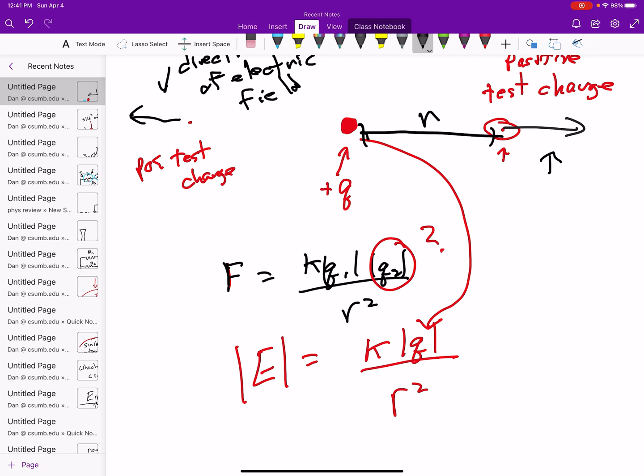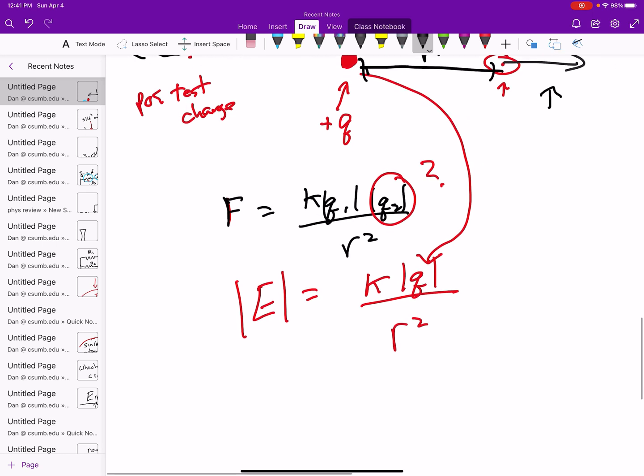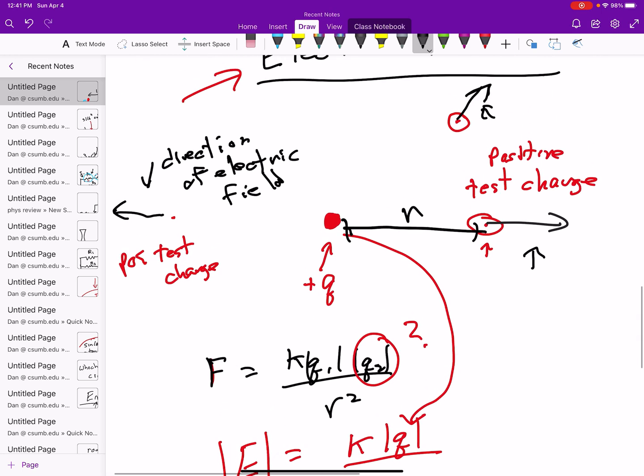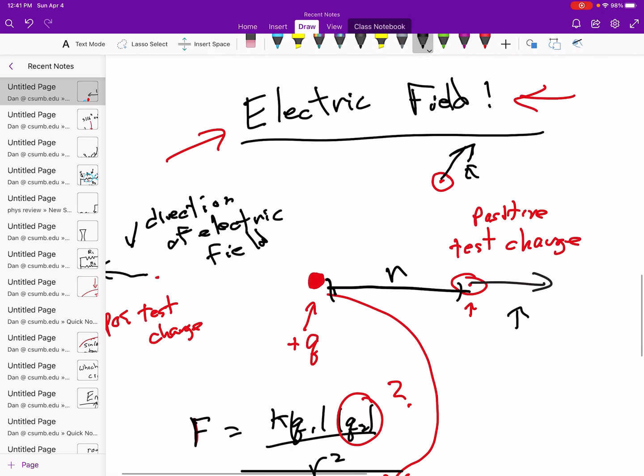And if you did, you could find the strength of the force that that charge would experience simply by multiplying the electric field at that point in space times the charge that you chose to put there. That's what the size of the force would be equal to. And the direction, of course, you'd go back to the definition of the direction of the electric field.